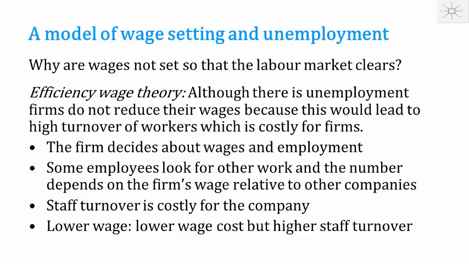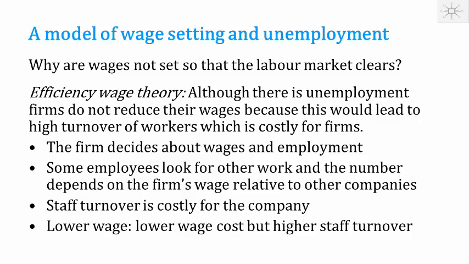Here specifically, we focus on the problem of turnover of workers. We know that there is a lot of turnover of workers, and if a firm sets a relatively low wage, that will lead to high turnover because the workers will feel that they are underpaid and they will look around for better jobs. Furthermore, we assume that turnover is costly for firms.